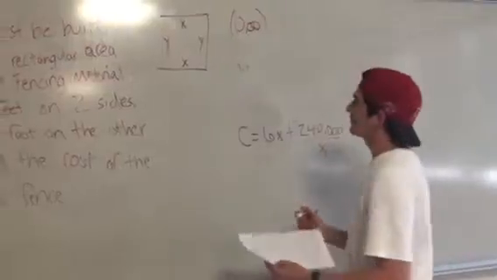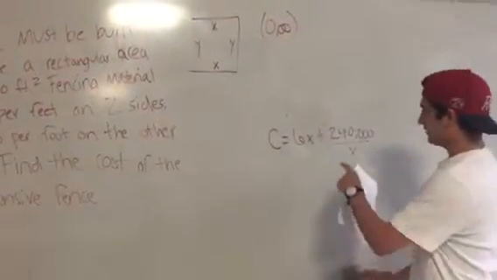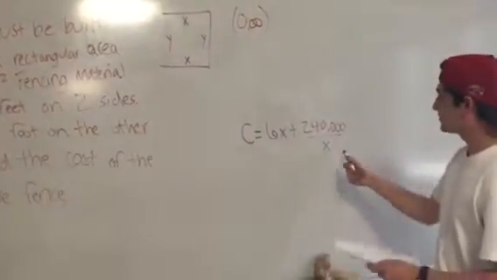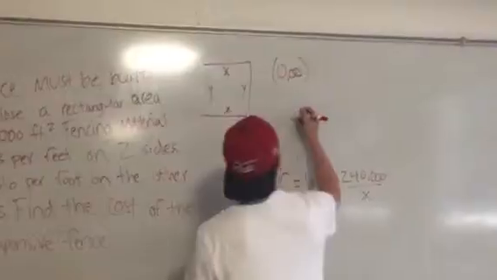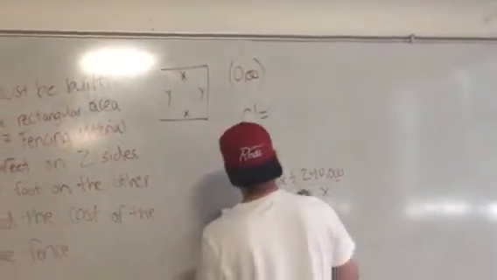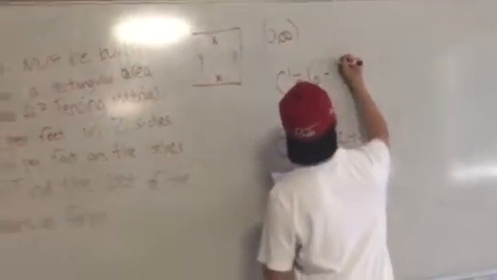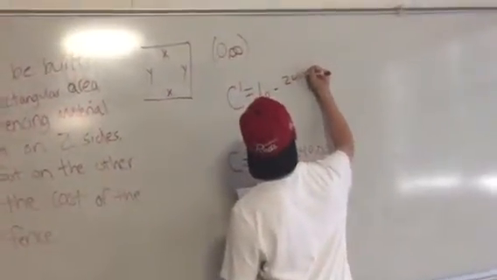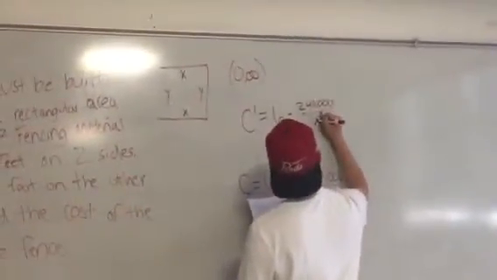So we need to find our derivative of C. C equals 6x plus 240,000 over x, so the derivative is going to be 6 minus 240,000 over x squared.